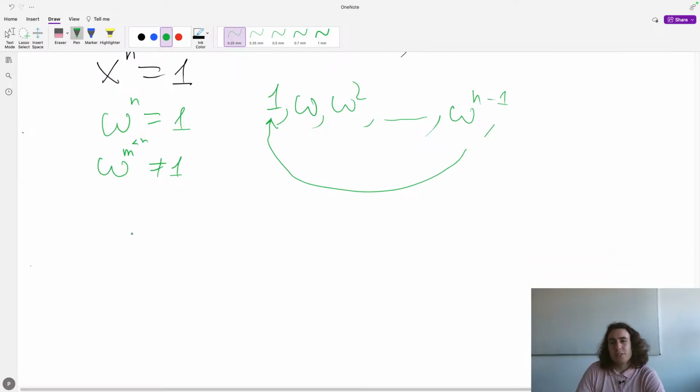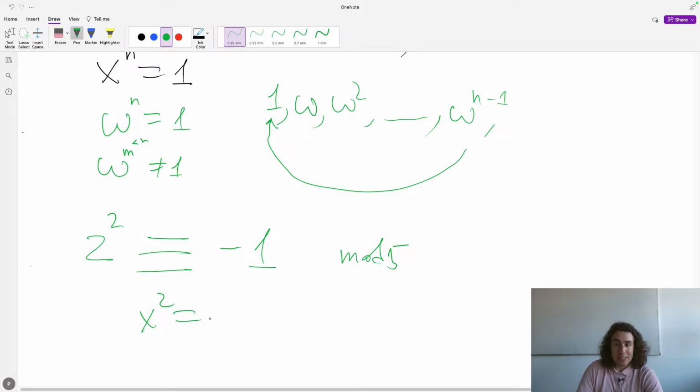For example, if we look at numbers modulo 5, and we look at 2 squared. 2 squared is actually equal to minus 1 modulo 5. So actually the equation x squared is equal to minus 1 is solvable mod 5. It's 2 and minus 2. So in some way this number 2 is like the number i, but mod 5.